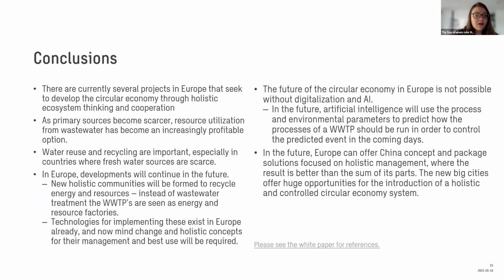So there are currently several projects in Europe that seek to develop the circular economy through holistic ecosystem thinking and cooperation. As primary sources become scarcer, resource utilization from wastewater has become an increasingly profitable option.